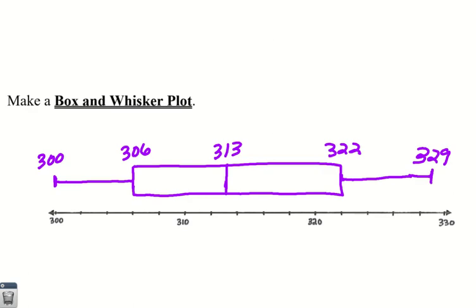So that's basically how you draw a box and whisker plot. You have to know the lower median, the upper median, the overall median, and you have to know the absolute lowest number in your data set, so you can take a whisker out to there, 300, and the highest number to take a whisker out to there. And those are box and whisker plots.